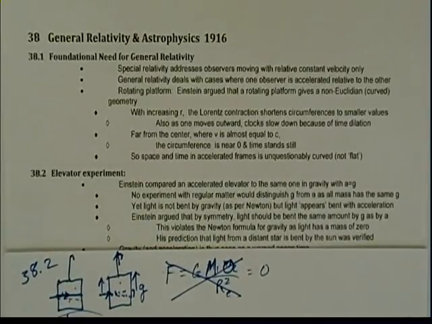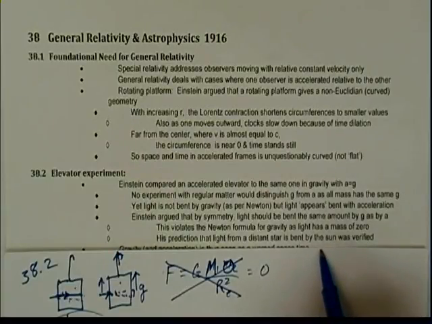His prediction would have to be tested some way to see if light got bent in a gravitational field. This is a very small effect. And so what he began to look at was light from a distant star. Well, what can we use to bend the light? We could take this light coming toward us and say, let's let the sun be here. And then as the light came by, it would be bent.